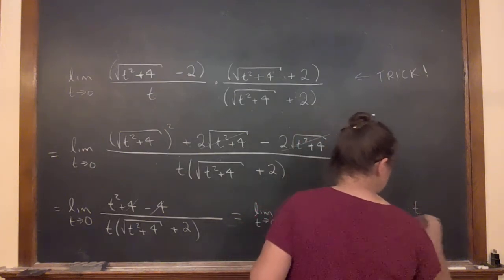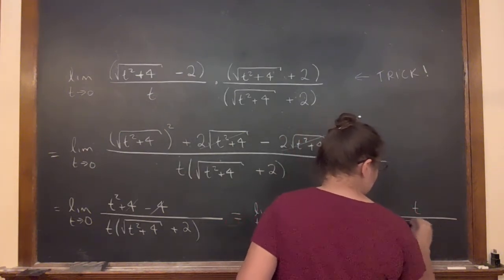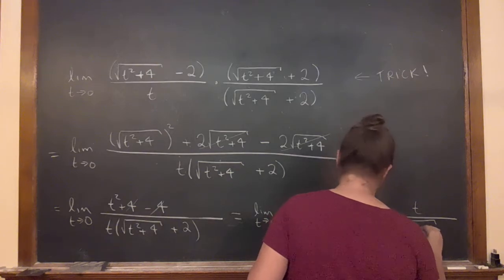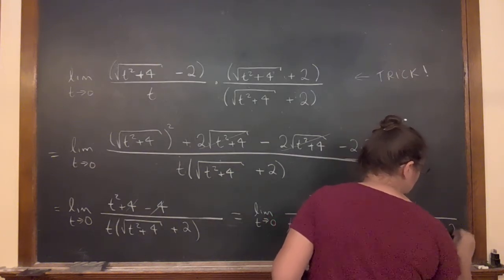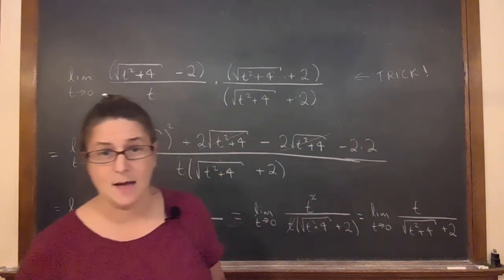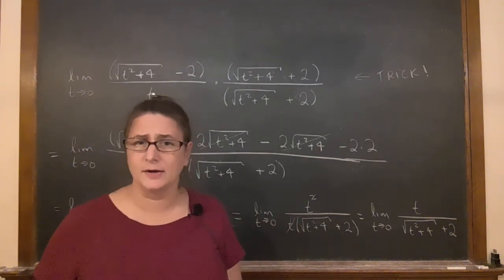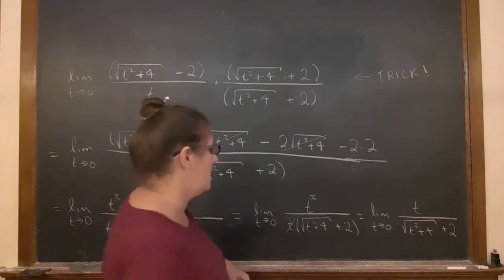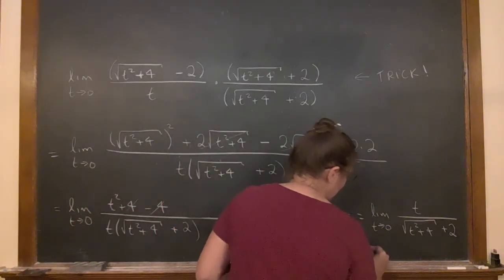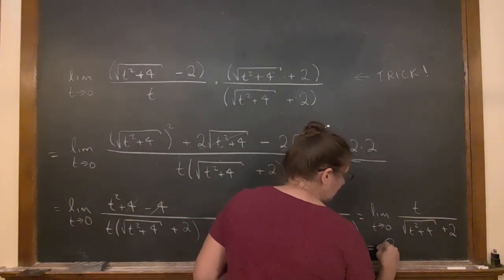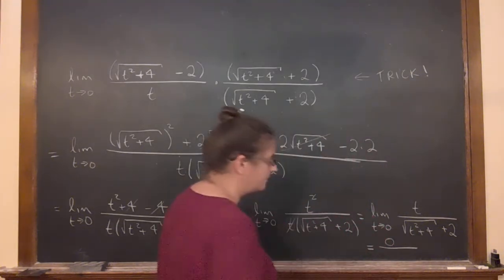T in the top, square root of t squared plus 4 plus 2. Now what's going to happen when I put in t equals 0? Well, the top is still going to go to 0, right? And that's fine. It happens. Sometimes the answer is 0. But look, the bottom is no longer 0, right?